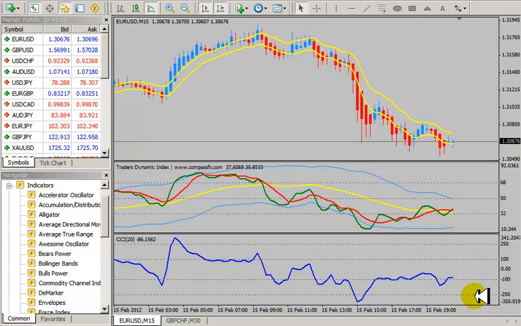Now again, the CCI doesn't always catch the exact tops or bottoms. As a matter of fact, you can see here that the strength in the market made a move above the 250 mark, and then the CCI started falling back down. Notice though that price continued to make a move up, and the Trader's Dynamic Index didn't falter.